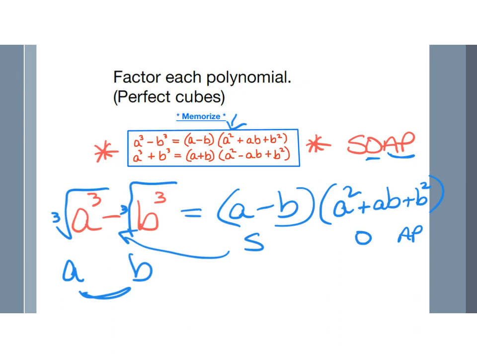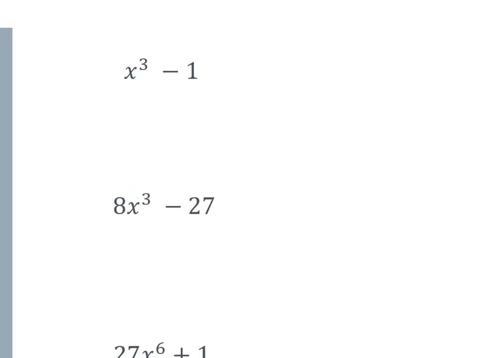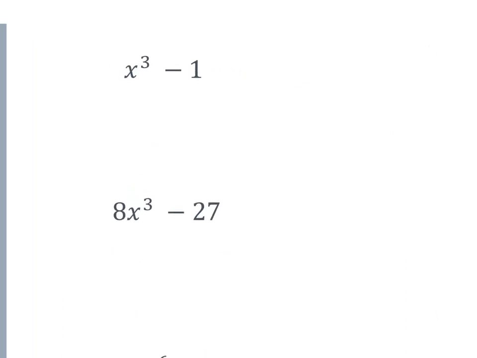Okay, so the first example. Again, you're going to look at the problem and see if there's a GCF. If there's not, then the next thing we look at is whether our numbers are perfect squares or perfect cubes. If the exponent on your variable is a multiple of 3, that should be a clue that it's going to be a cube. If it's an even number, that should be a clue that it's a perfect square.